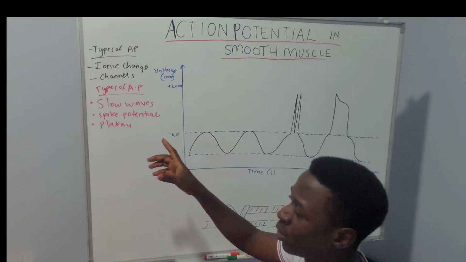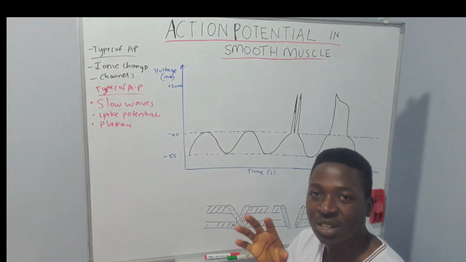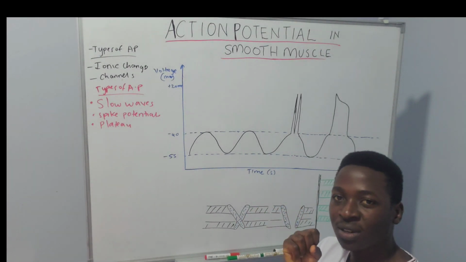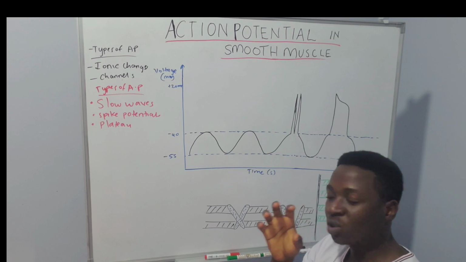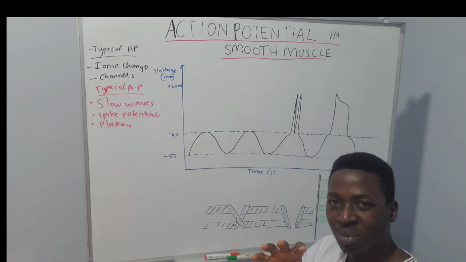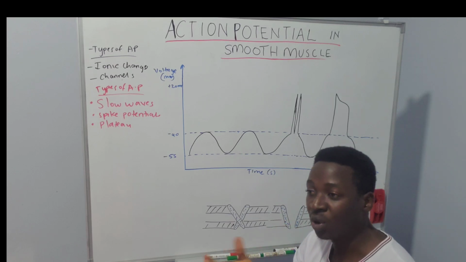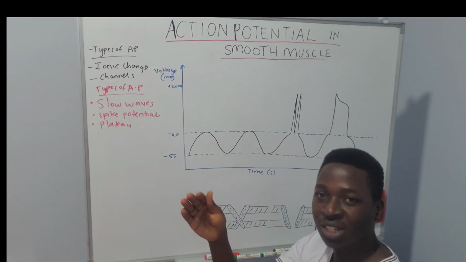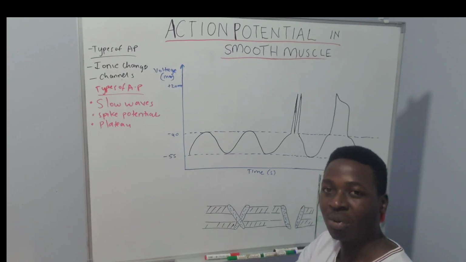All right, something unique about the resting state of these muscles, especially the visceral smooth muscles like those of the GIT, is that they don't have a constant, stable, or static resting membrane potential. It's always described as an undulating, changing resting membrane potential.